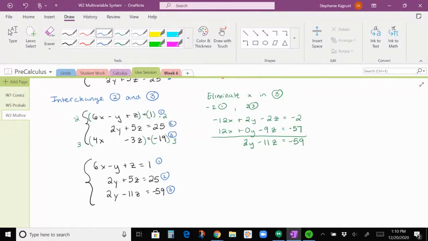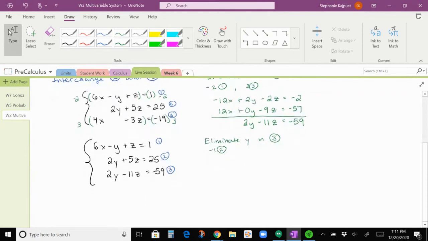All we need to do is make one of them the opposite sign. So again, I'm going to just kind of do this on the right. We're going to eliminate y in equation 3. And let's say all we do is multiply equation 2 by -1 so they have opposite signs. So that would give us a -2y minus 5z equals -25.